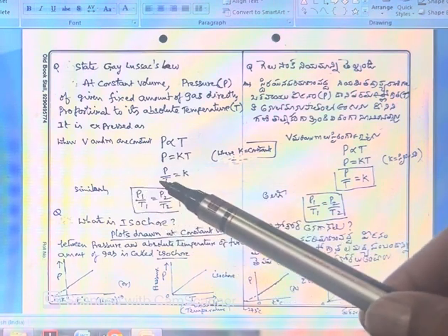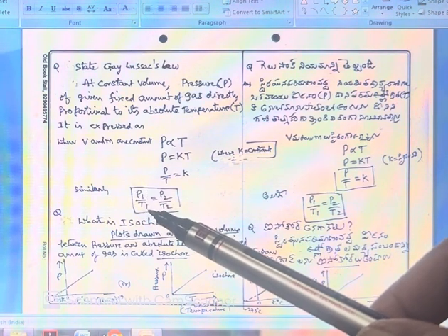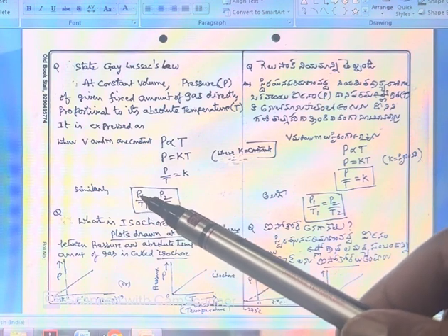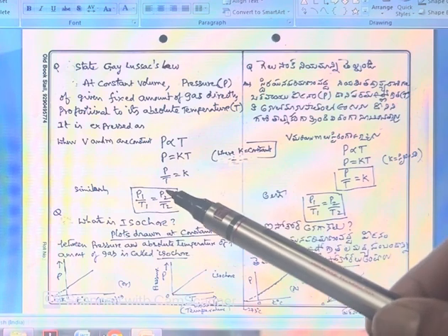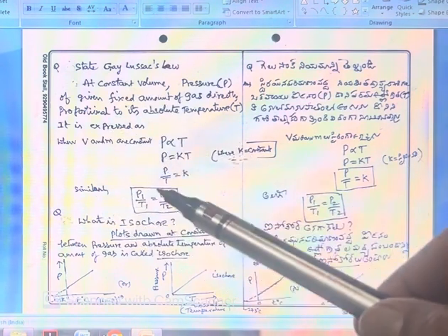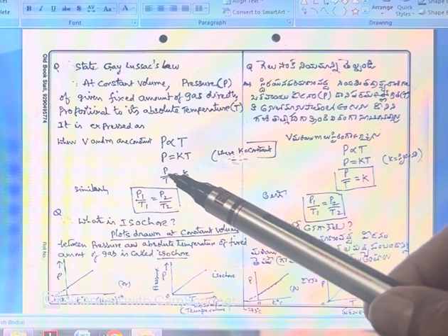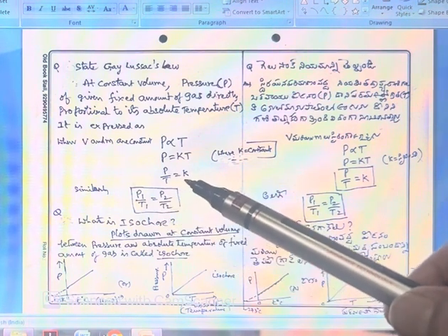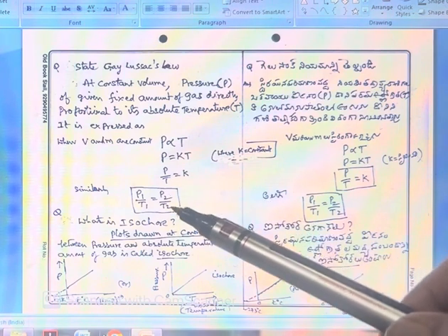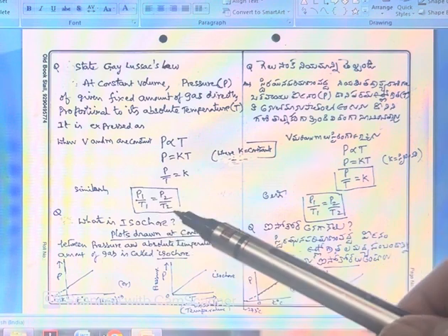In two stages, the initial stage has pressure P1 and temperature T1. If P1 is changed to P2, then T1 is also changed to T2. According to Gay-Lussac's law, in the initial stage P1 by T1 is equal to K, a constant, and in the final stage P2 by T2 is also constant, so P1 by T1 is equal to P2 by T2, the relation.